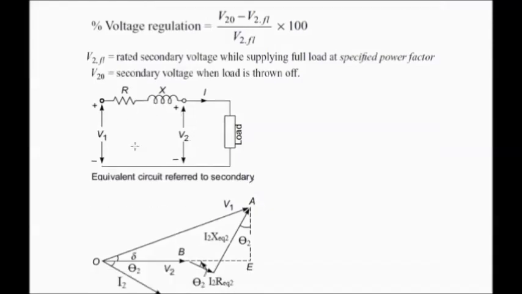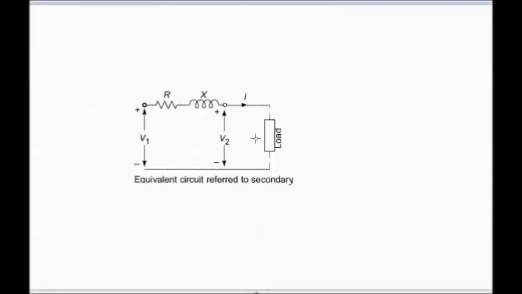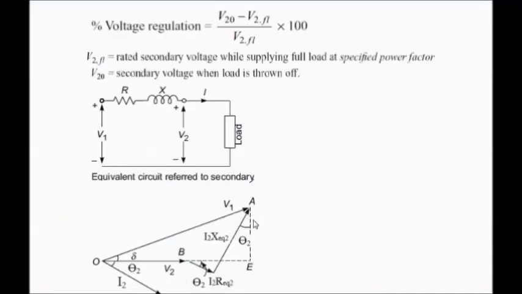Considering this circuit, V2 no load is nothing but the supply voltage V1, because if I disconnect the load, no current will be flowing through this circuit, so there is no voltage drop across R and X, and V2 will be V1. This is V2 at no load, so V2 naught is V1, and V2 full load will be when we have full load at the output.